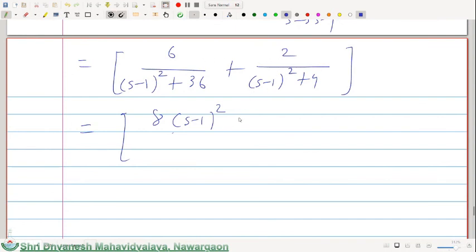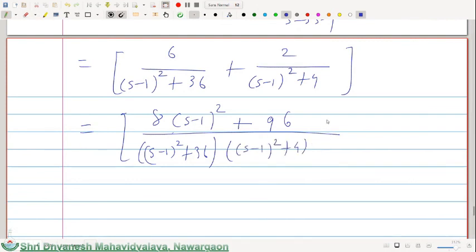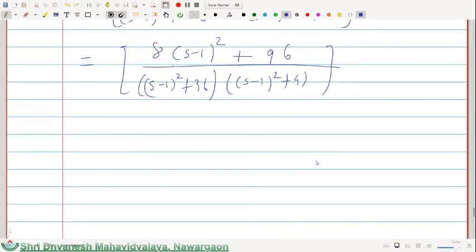And in the denominator, s minus 1 whole square plus 36 into s minus 1 whole square plus 4, or you can remove brackets here because it is not necessary to show brackets.